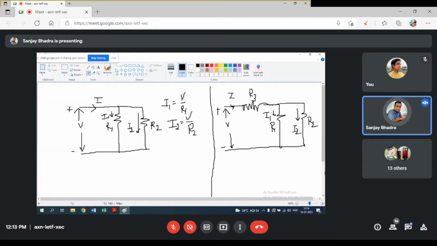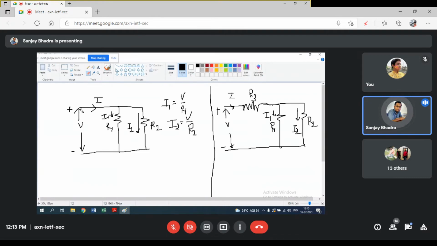Yes, but additionally, you see that we are talking about this current division rule, and the current division rule is only applicable for parallel combinations. Parallel circuit. Try to understand this very carefully.